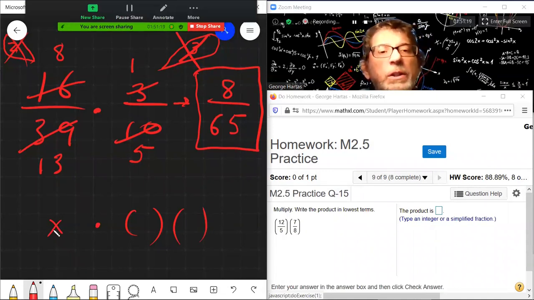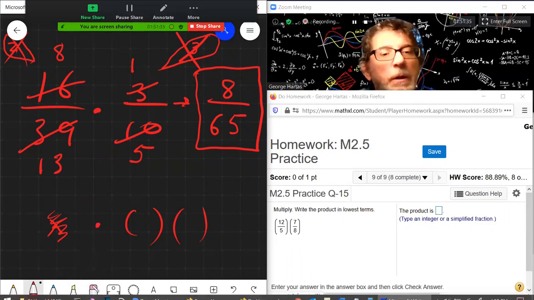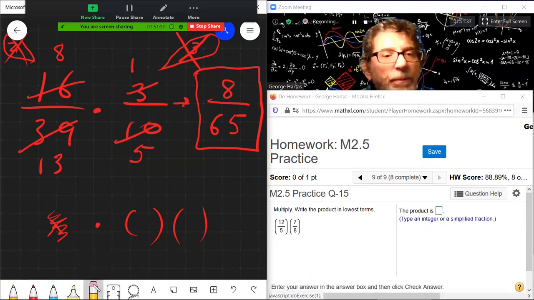We avoid using X because when you get to Math 15, introductory algebra, X is going to be a variable, so we try to avoid that. But just so you know, you got 3 different ways to represent multiplication. All right, last problem.